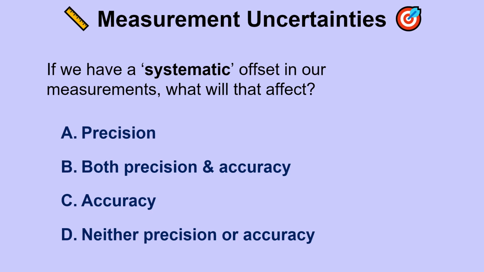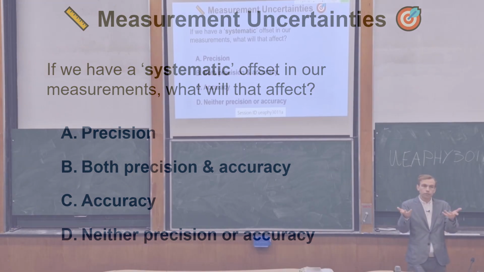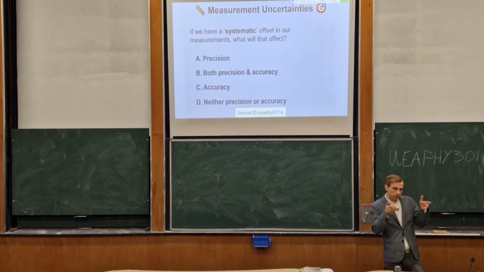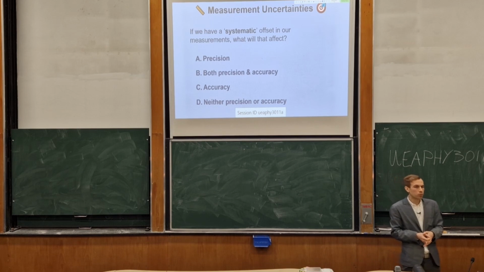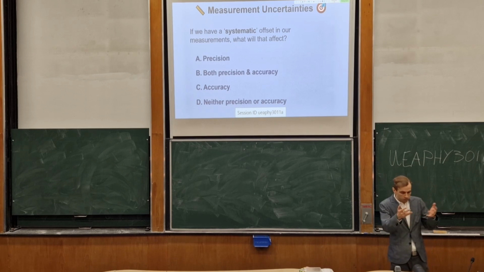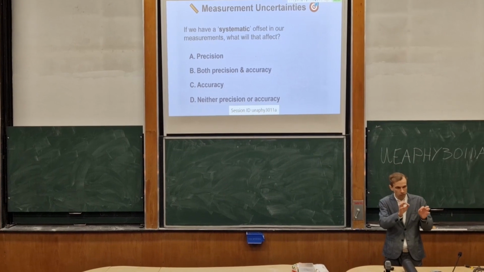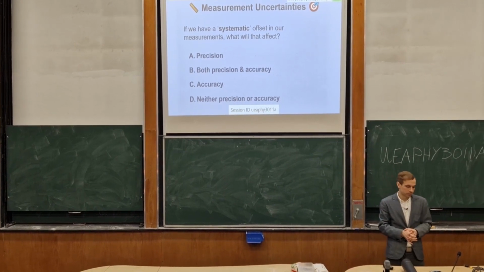Maybe it's going to affect both, or maybe neither. If you've heard of systematic uncertainties before, that might give you a direct idea of what's going on. If you haven't, maybe have a chat with the people around you, or just think about what would happen if all of those darts were systematically off.